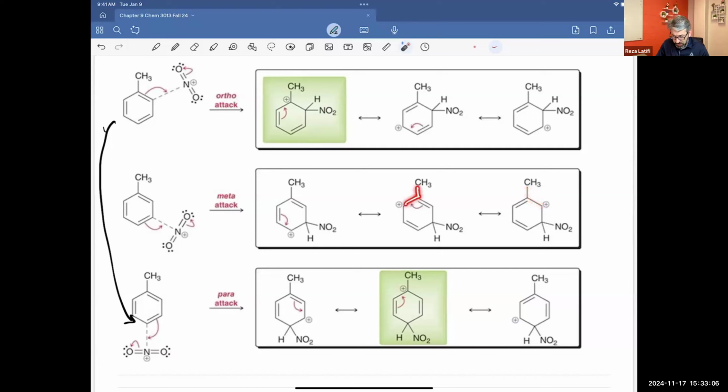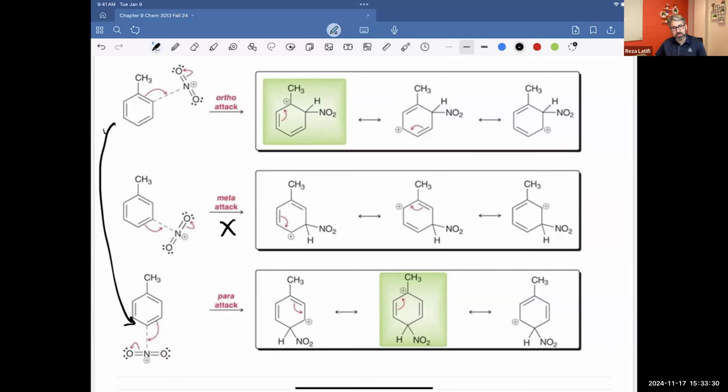Again here 1-2 bonds, and this one 1-2-3-4 bonds. So it's way far from it, and because the distance between the substituent and the positive charge is longer, we will say it will be harder to stabilize the carbocation that we got through meta attack. So meta attack will be the worst one. And what's the best condition?